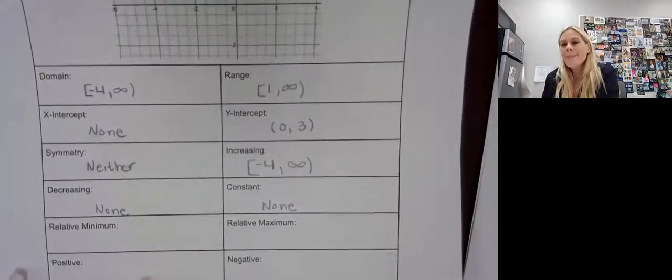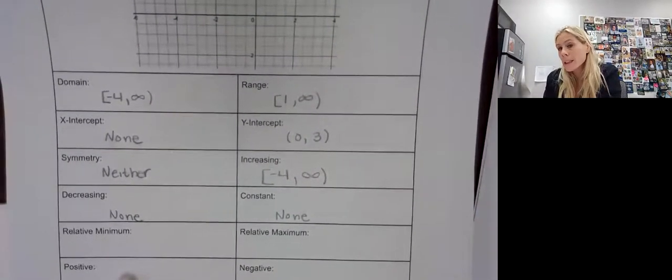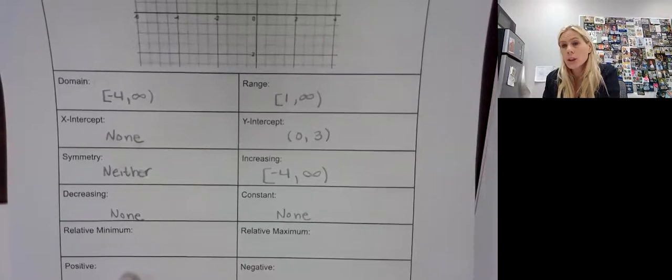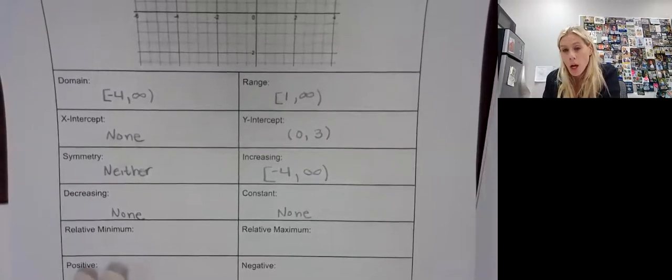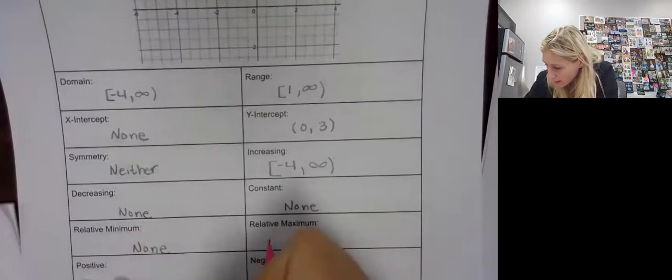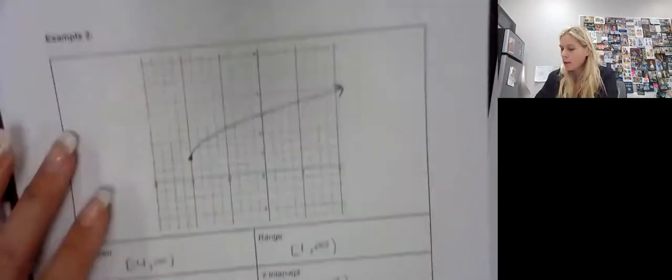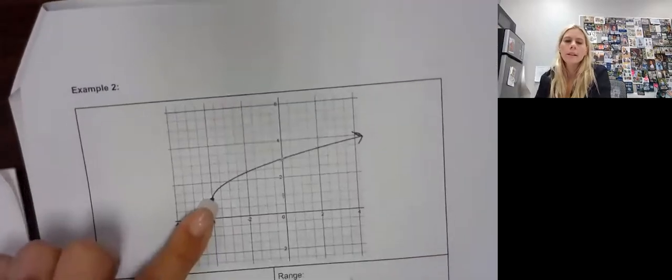Now, a relative max or min has a change of increasing to decreasing or decreasing to increasing. So there are none. I do want to point out, because many people will make this mistake and call this a min.